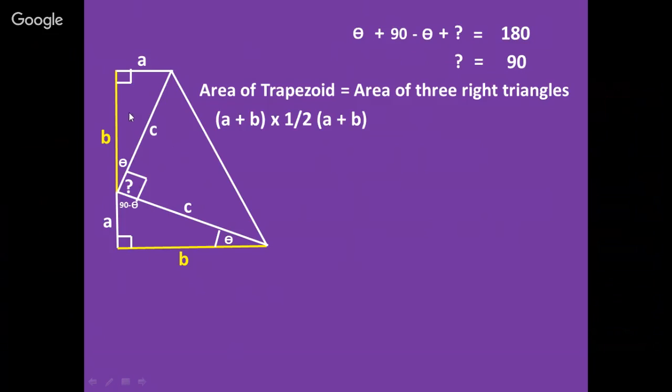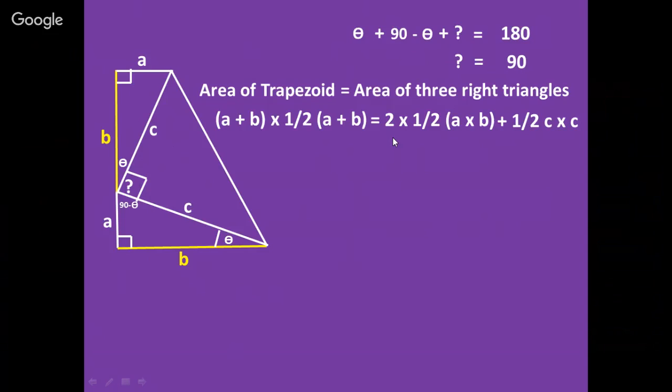Since we have two triangles, we can write 2 into the area of one triangle, and the area of one triangle is half a into b. Now come to this triangle. The area of this triangle is half c into c, so let's write plus half c into c.